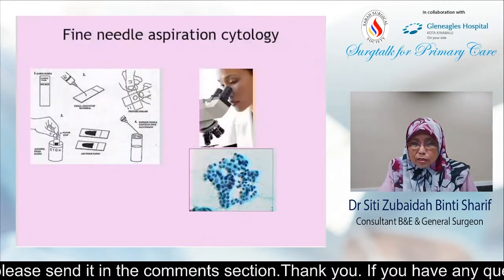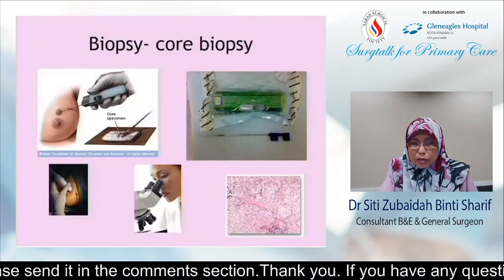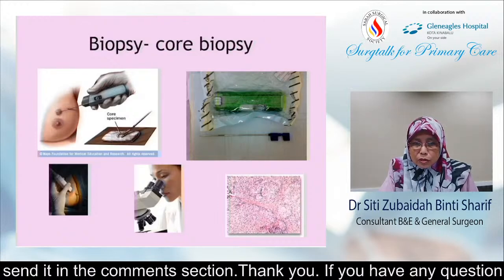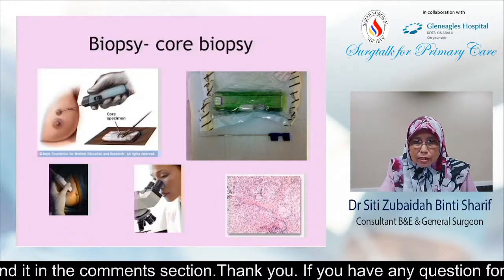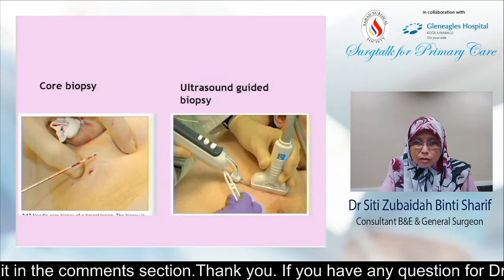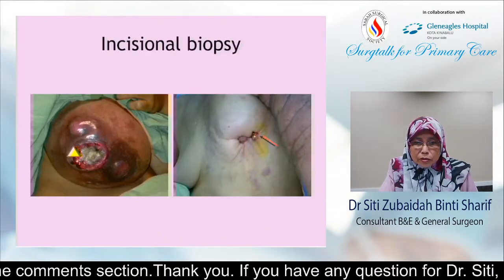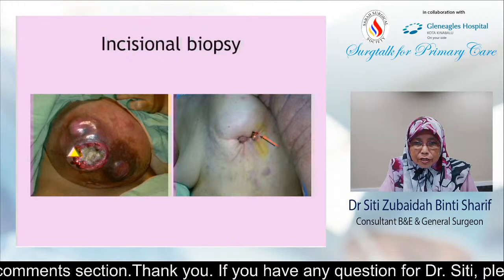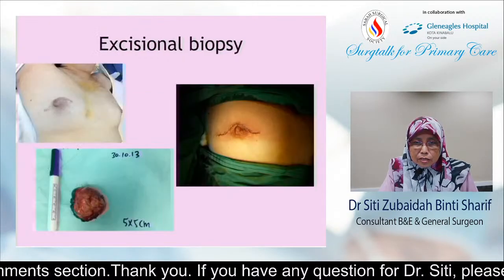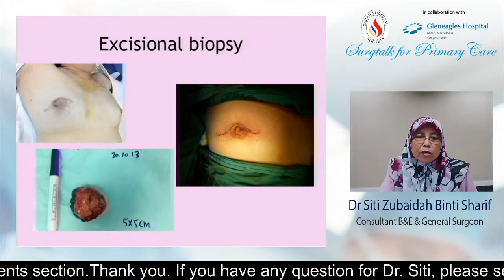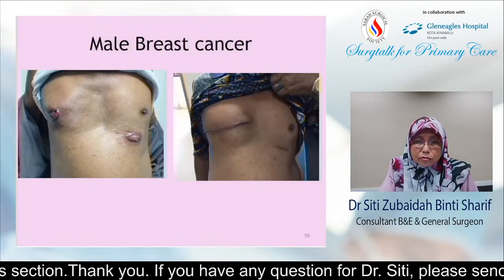Core biopsy we need to do if we suspect malignancy, normally under ultrasound guidance. Incisional biopsy is done when the tumor has fungated, and excisional biopsy means we take out the whole lump.